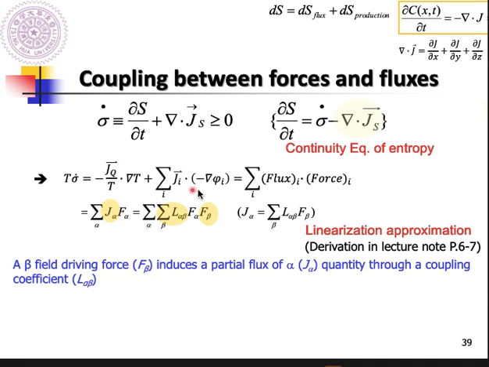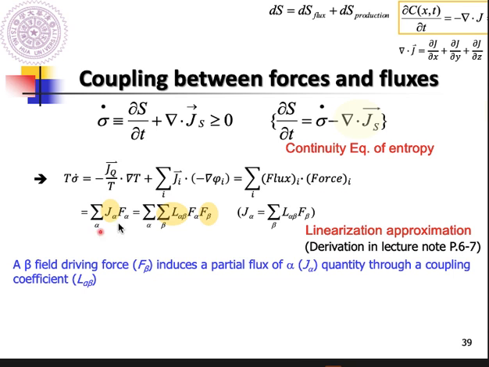Because for mass transport it is the atomic flux times the minus chemical potential gradient, and for the electrical flow it is the current density times the minus electrical potential gradient. So it's a flux times a driving force. We can summarize this as a summation of flux times the corresponding driving force.